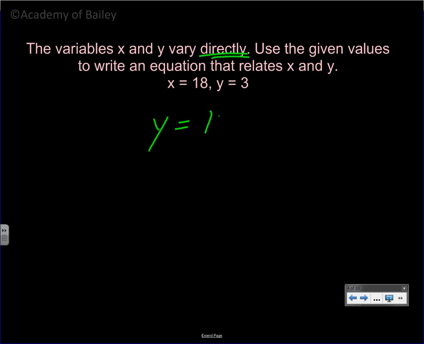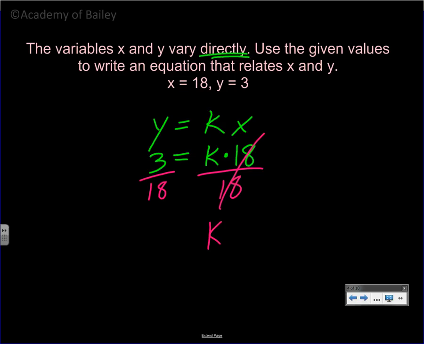Since it varies directly, y equals kx, x equals 18, y equals 3. Trying to get k by itself, we divide by 18 on both sides, and k is equal to 3 over 18.